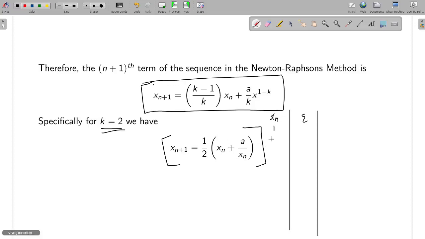You will get x2, and continuously do this. You keep doing it till your error drops. Okay, so this is how you're going to use the Newton-Raphson method to find the square root of a real number or any general kth root of a real number.